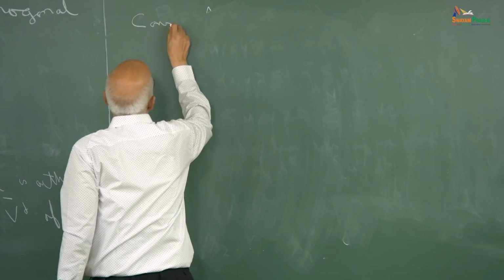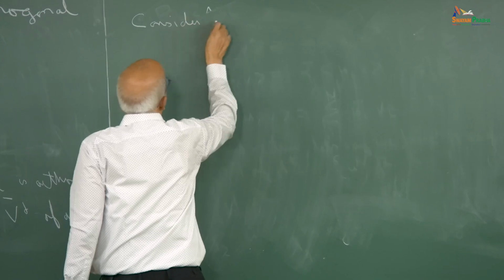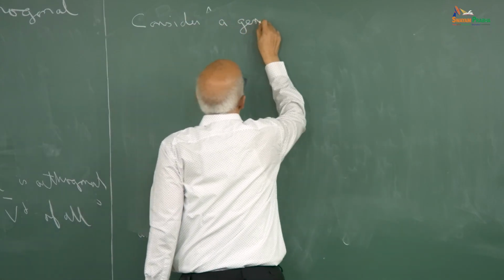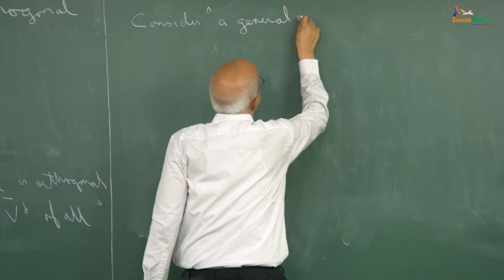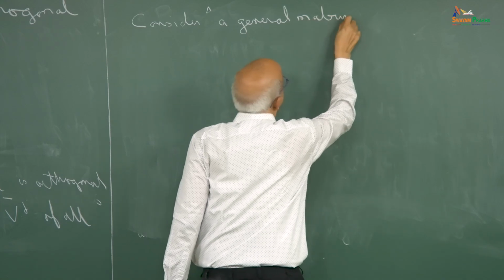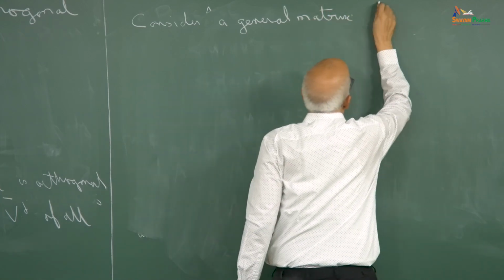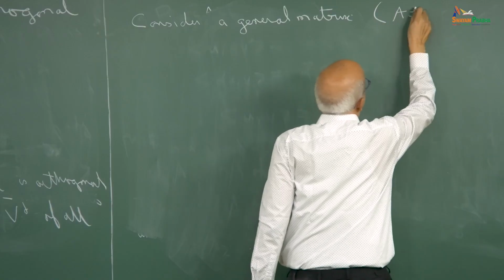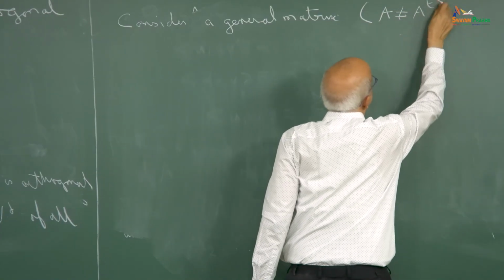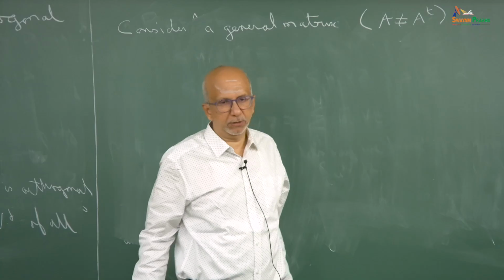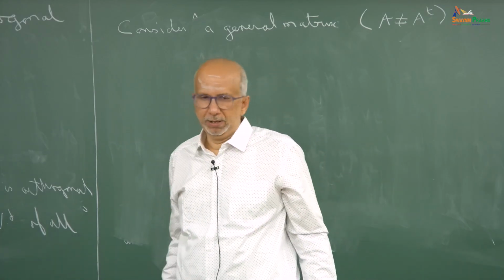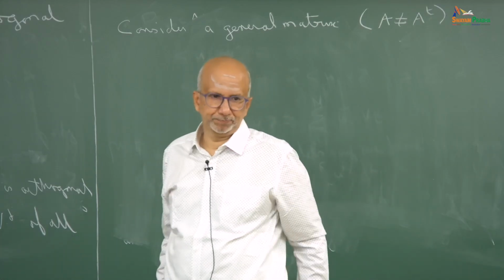Consider a general matrix. What do I mean by general matrix? A is not equal to A transpose. That is what I mean by general matrix. Okay, I mean, not self-adjoint.